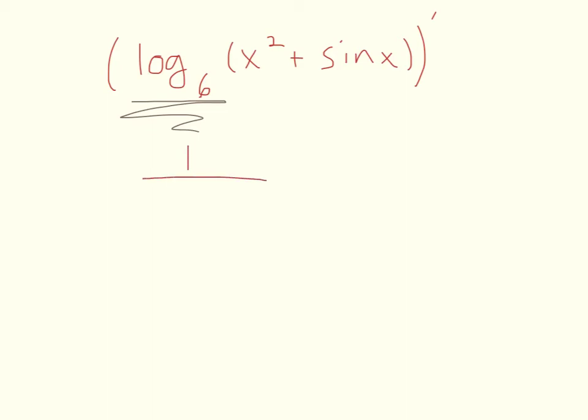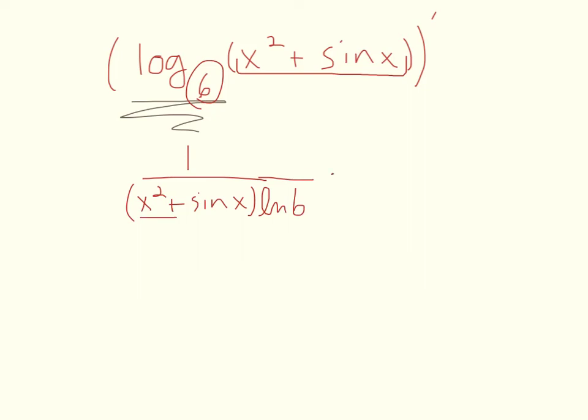So the derivative of the outside is going to be 1 divided by x times the natural log of a, but in place of x, we put the inside function. So it's 1 divided by x squared plus the sine of x times the natural log of the base. And then we take that whole function times the derivative of the inside.